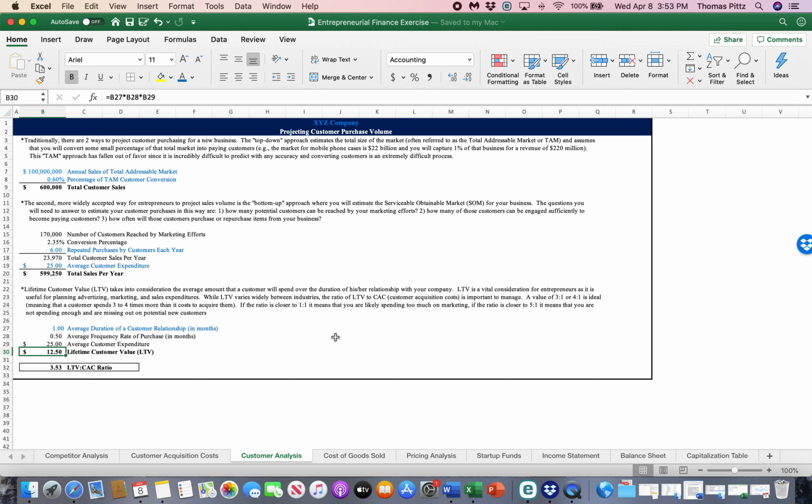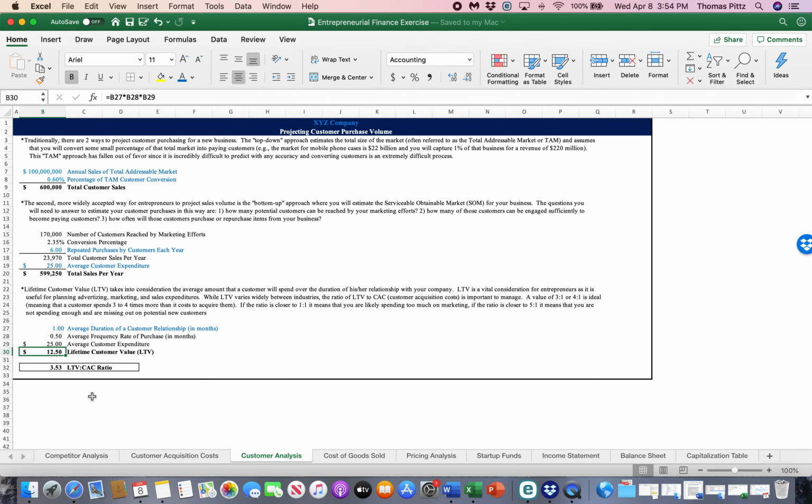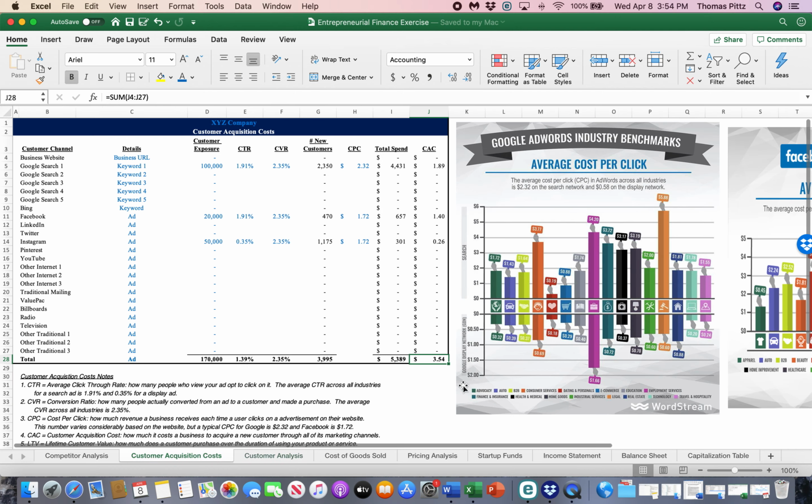Okay? That number in and of itself doesn't matter. What matters is this, the LTV to CAC ratio. So the lifetime customer value of $12.50, the customer acquisition cost of $3.54, that ratio is 3.5, which is saying that each customer is worth 3.5 times more than it costs us to bring them in.